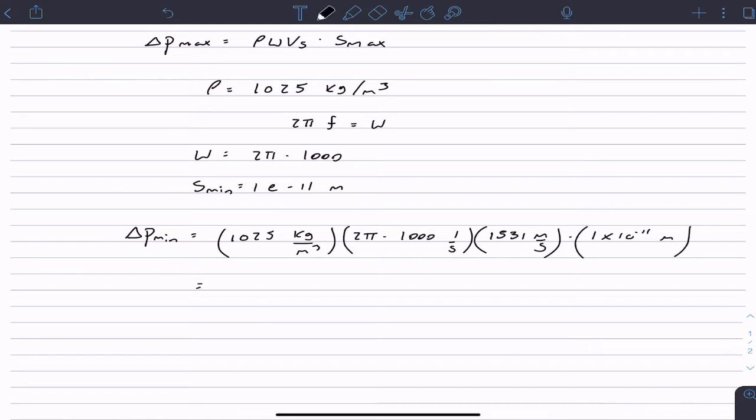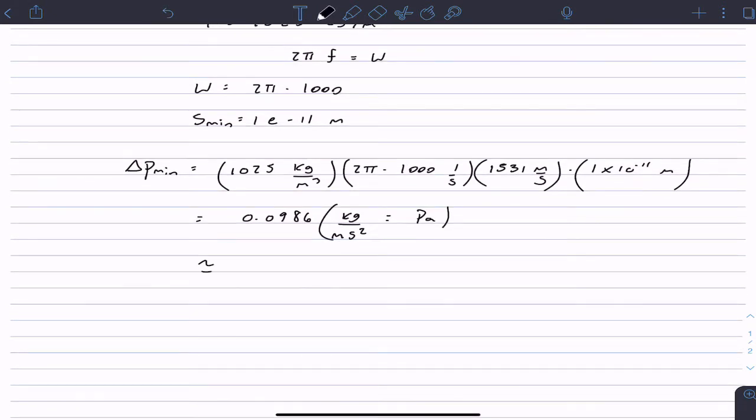Then you just plug this in, and you get a value of 0.0986 kilograms per meter second squared. This is also units of a Pascal. So we could say this is roughly 0.1 Pascal.